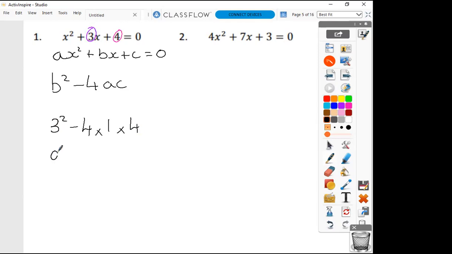So 9 minus 4 times 1 times 4, which is 16, is going to give us an answer where b squared minus 4ac is less than 0. So that's going to give us an answer of minus 7.